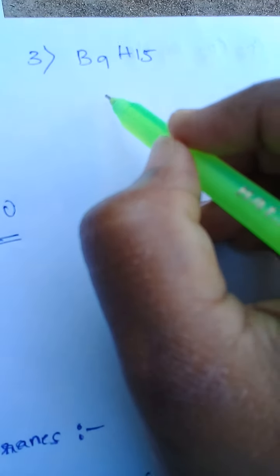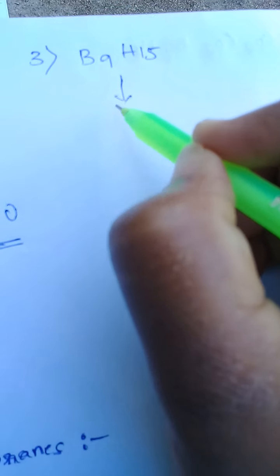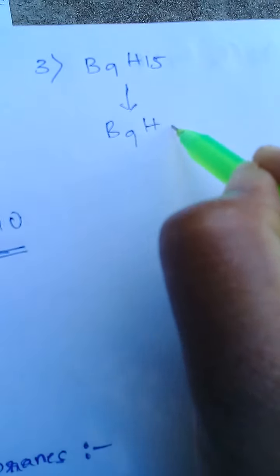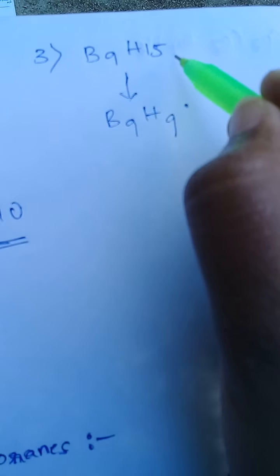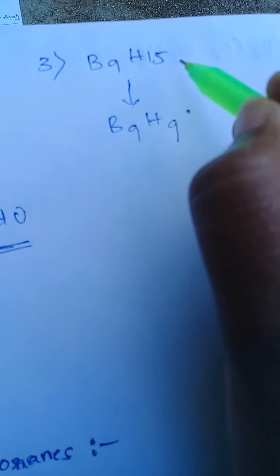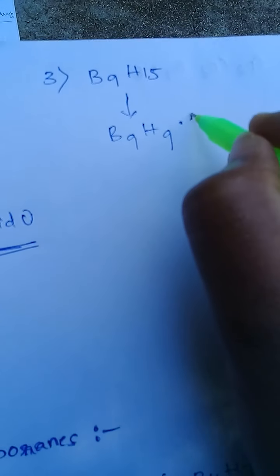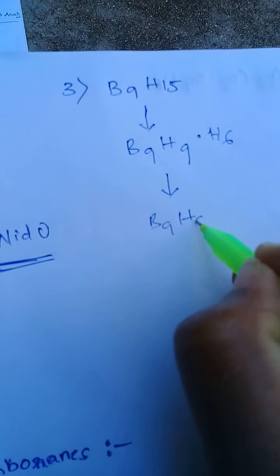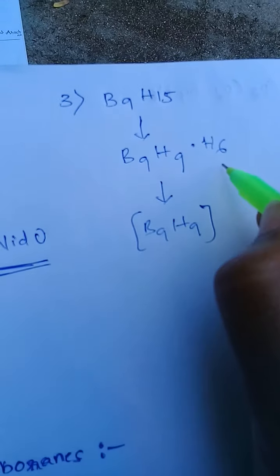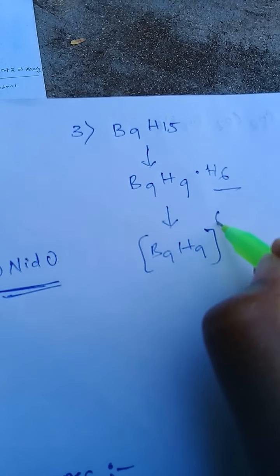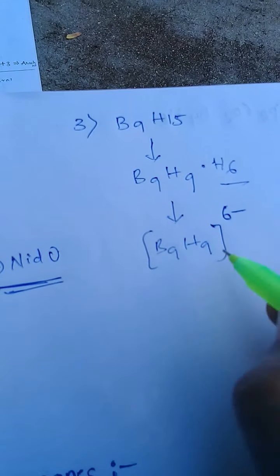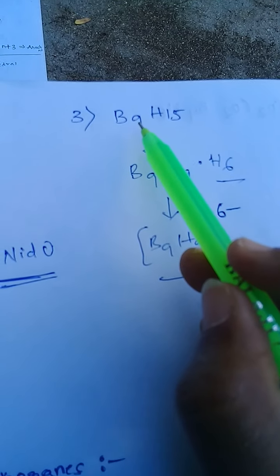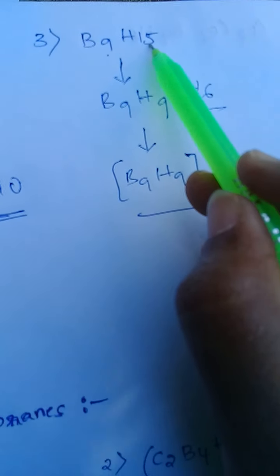And next, B9H15. B9H15 means B9H9. How many hydrogens are remaining? 6 hydrogens. So B9H9, and the 6 hydrogens are written as charge 6 minus.